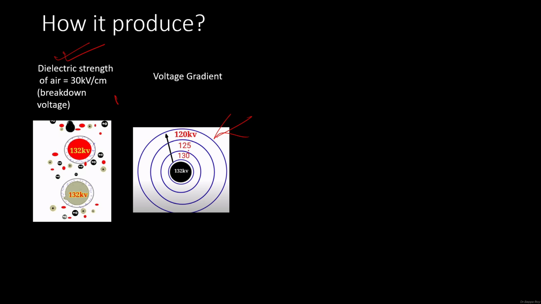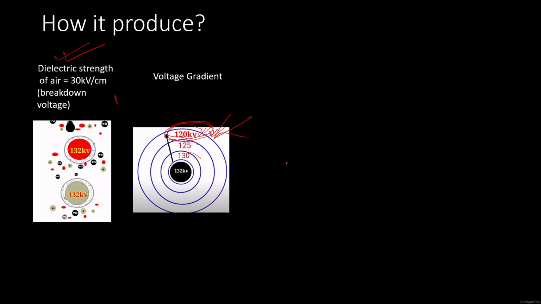At first it is 130 at the first layer, then the second layer we see 125, then at last it shows 120 kilovolt. So it is showing only that thing. This is called the voltage gradient. Suppose here the voltage is more than 30 kilovolt, which we know is the dielectric strength.